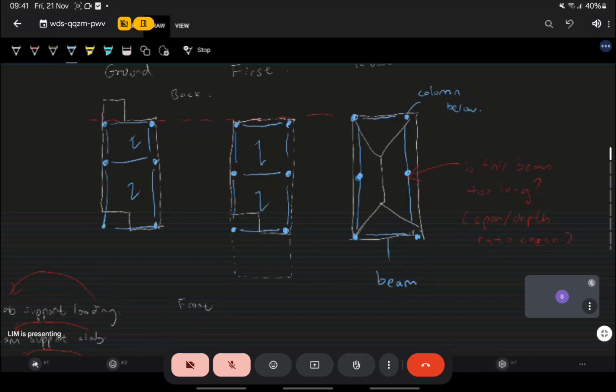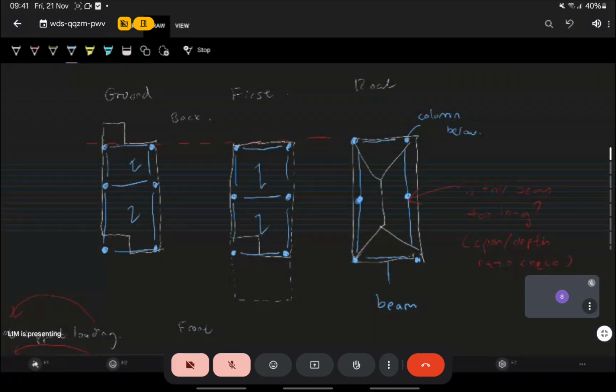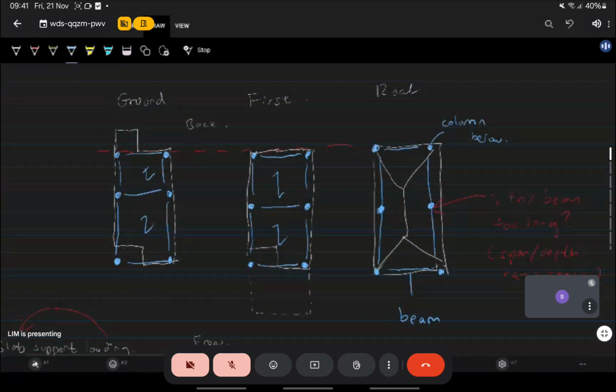Now, sometimes there is a small problem. On the ground floor, we have this little area at the back, which doesn't exist above. It only exists on the ground floor.